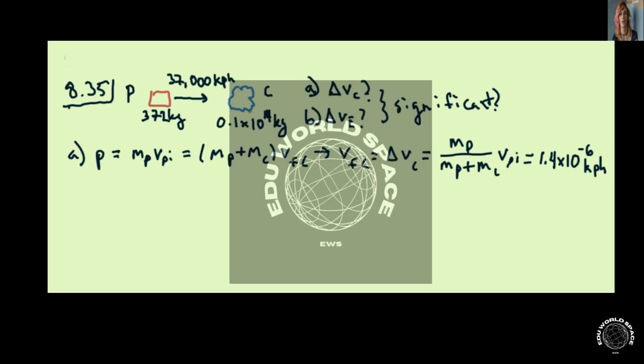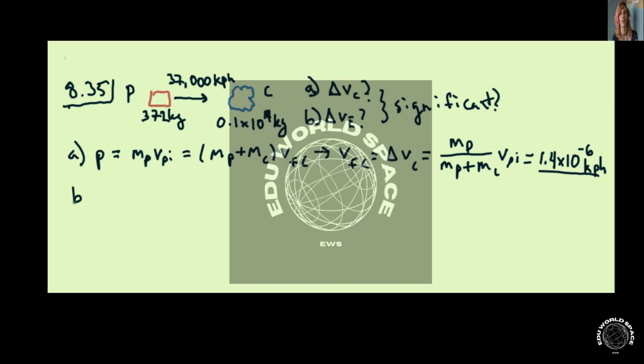So even though the probe is moving quite fast, its mass is 11 orders of magnitude smaller than the comet's. And so only about a millionth of a kilometer per hour is the change in speed that it produces. This is very small; you probably wouldn't be able to measure this very easily.